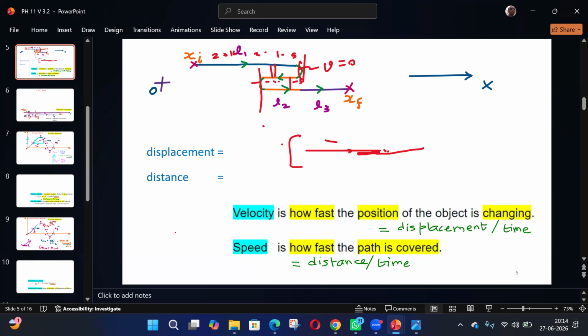Don't mug up too many formulas. You just have to get it from the three formulas: v equal to u plus at, s equal to ut plus half at square, v square equal to u square plus 2as. Like this formula, s is equal to ut plus half at square. Other formulas you can get derived from these three. Yes, the kinematic equations.